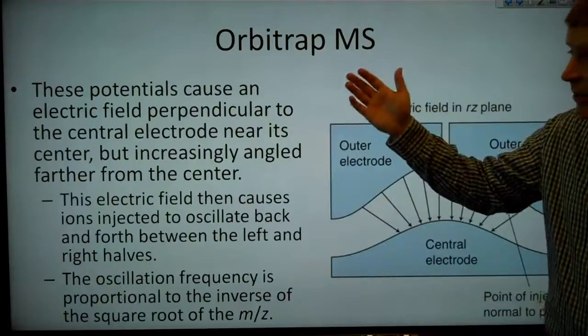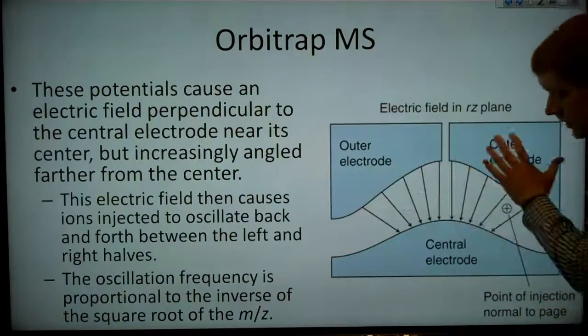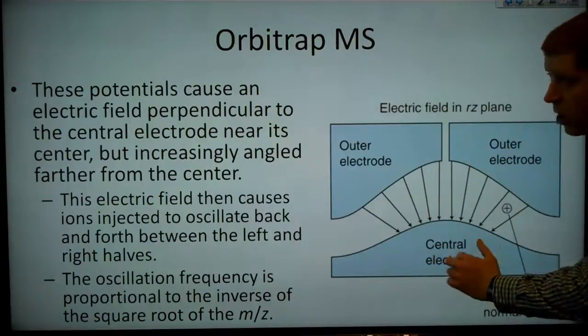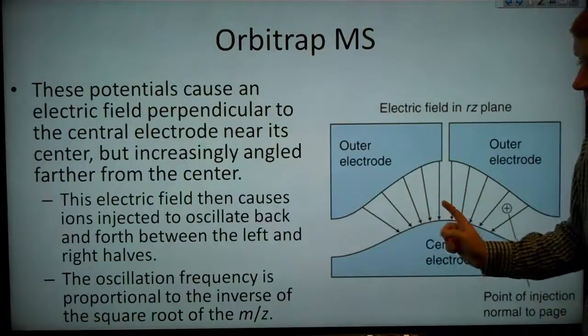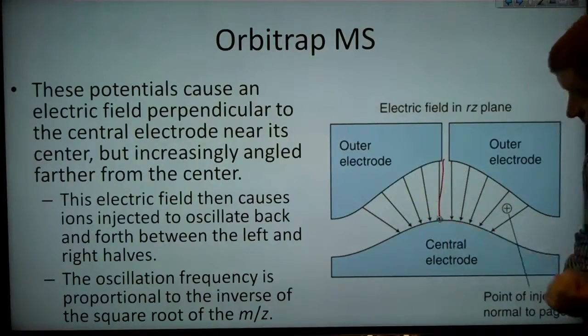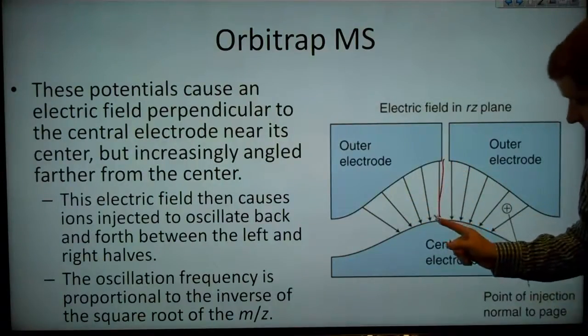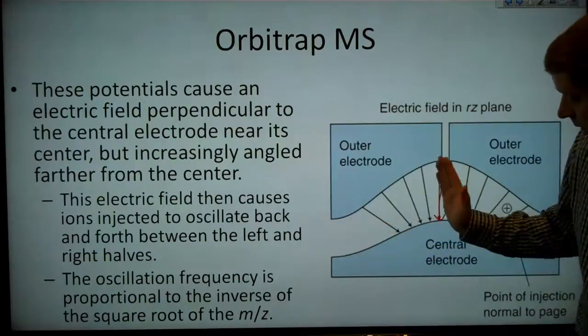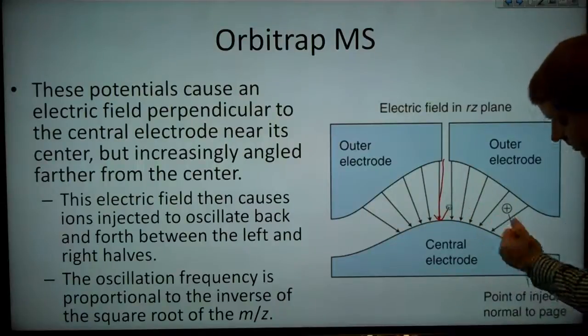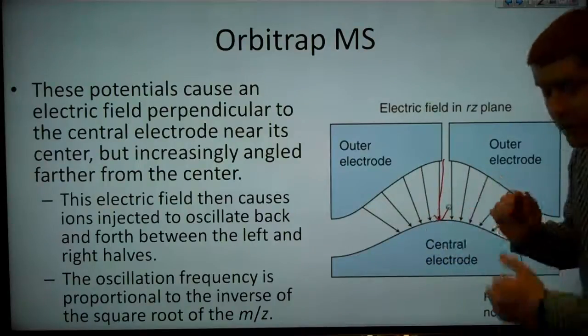So these potential differences between our outer electrodes and our central electrode cause the electric field perpendicular to the central electrode near its center, in this direction. But near the outside, we get sharper and sharper angles that are pushing the ions in.